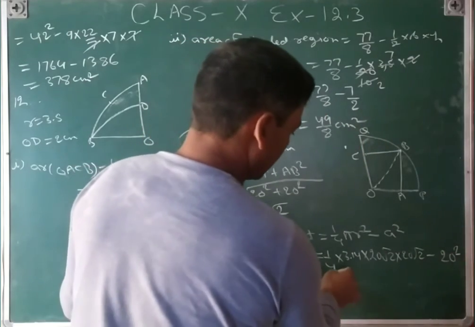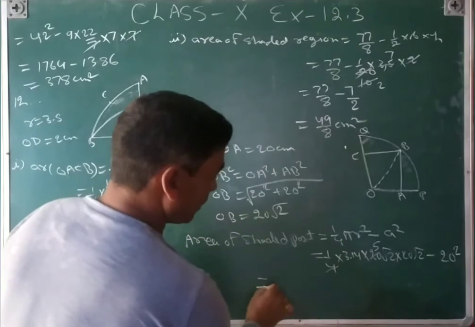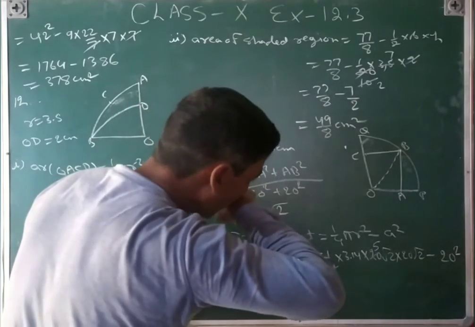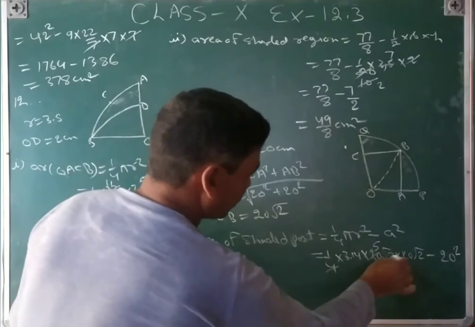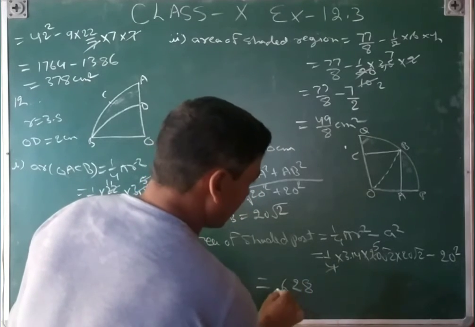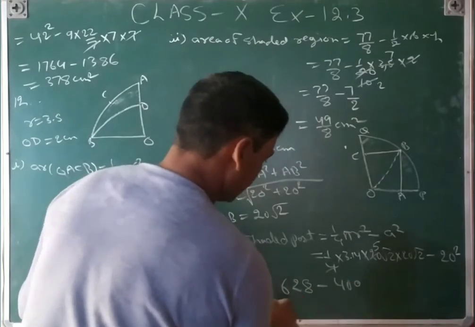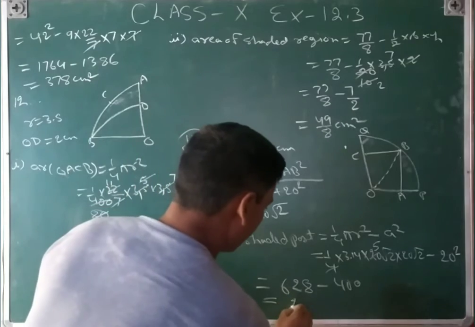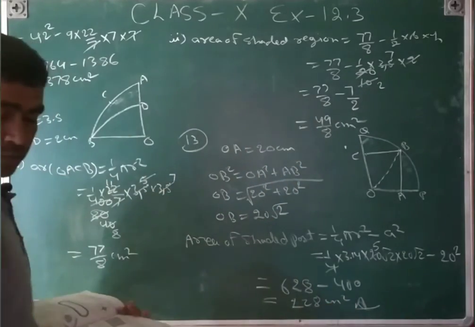Under root 2 into under root 2 will be 2, and by multiplying and subtracting 400, that will be 228 centimeter square. Answer.